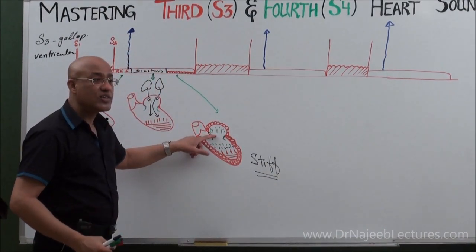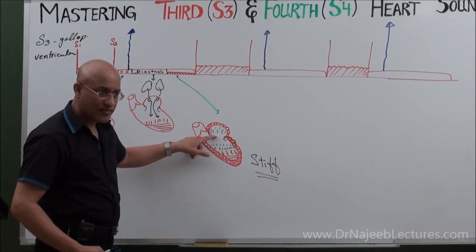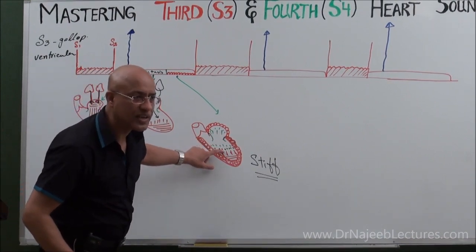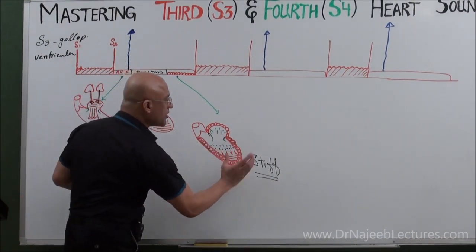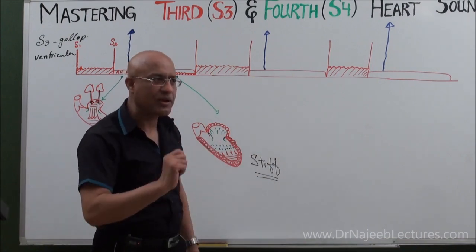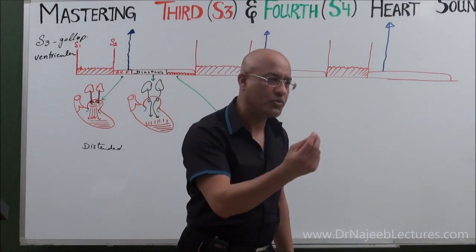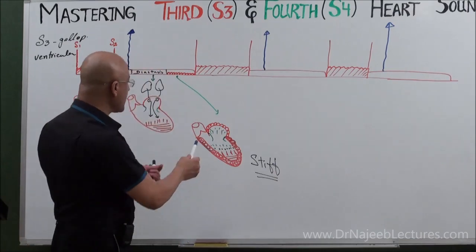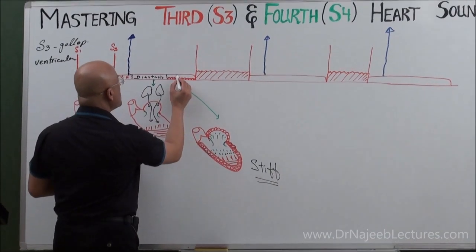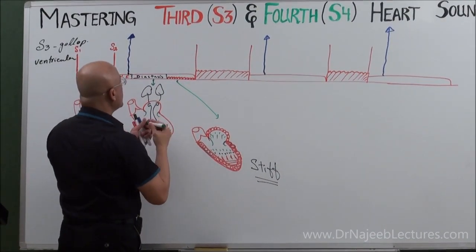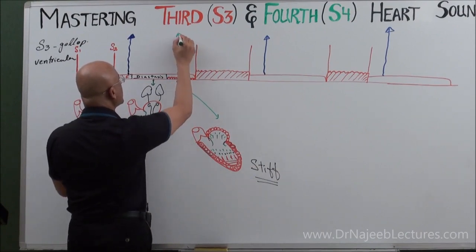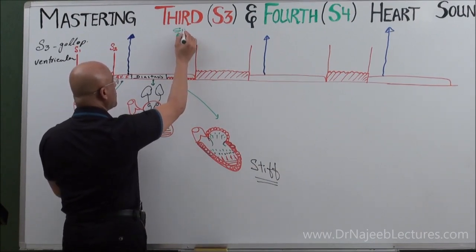When the atria are straining against a stiffened ventricle, that may lead to ventricular vibration, and that vibration may produce a sound called the fourth heart sound. What is that vibration called? Fourth heart sound, a low pitched sound, which is S4.